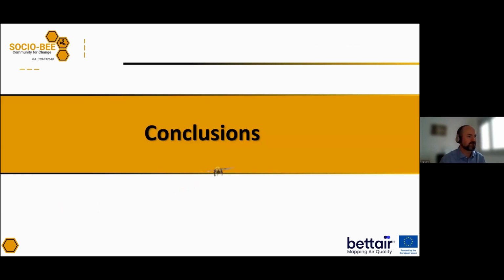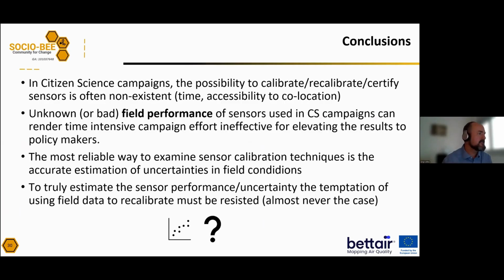So the conclusions. In citizen science campaigns, the possibility to calibrate or certify sensors is often non-existent: time constraints, accessibility to reference stations, to the collocations, etc. Unknown or bad field performance of sensors used in citizen science can render time-intensive campaign efforts ineffective in elevating these results to policymakers to have any credibility in this data.